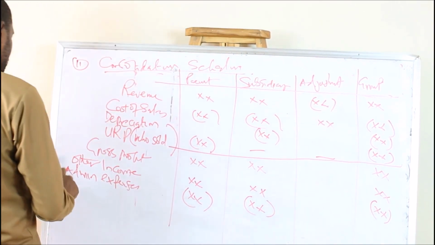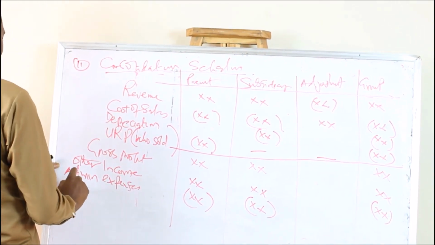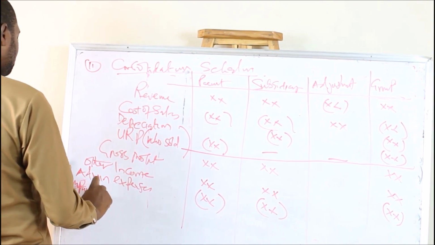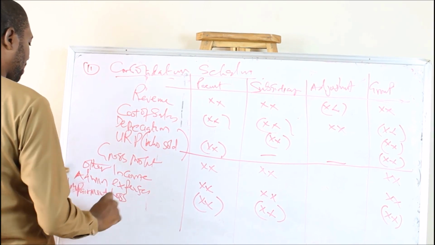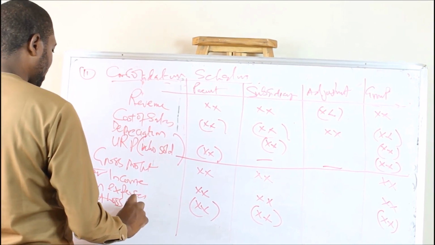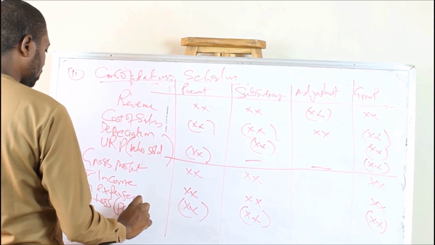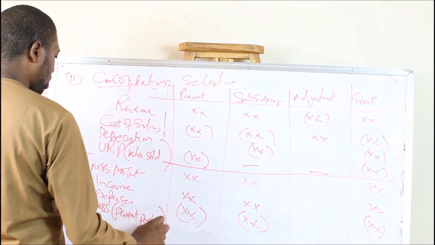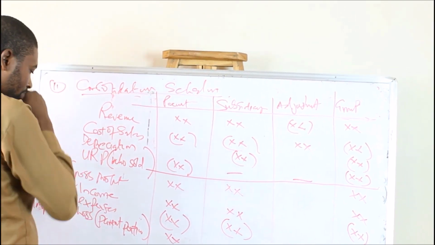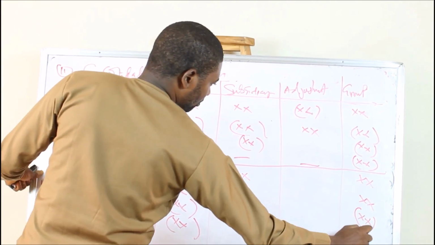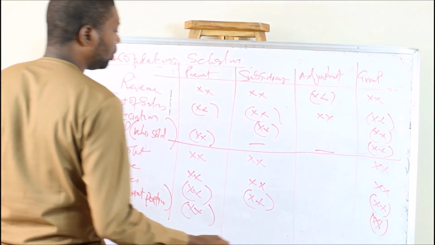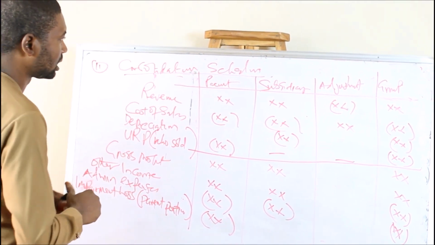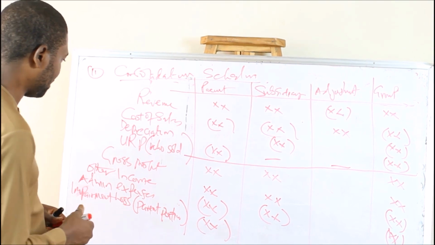Now there are times you could have impairment loss. Take the parent portion. Of course, if the NCI is measured at fair value, you take the parent portion and also take the NCI's portion of that impairment.